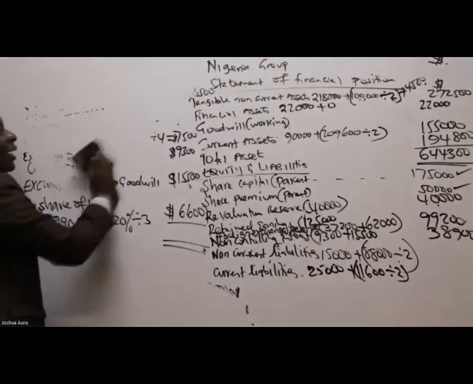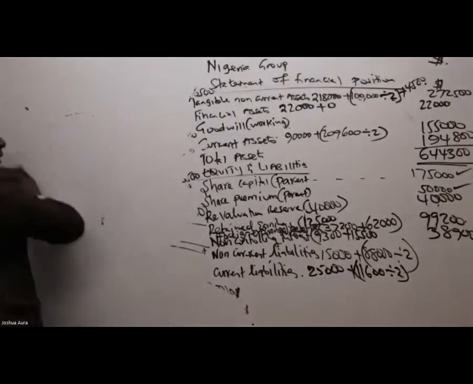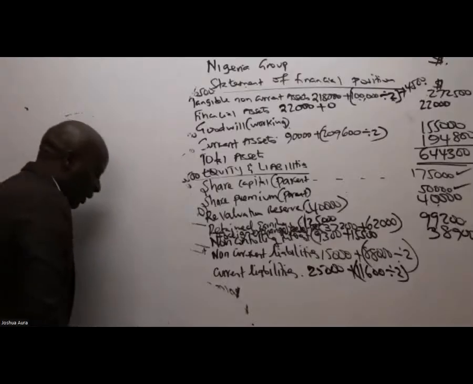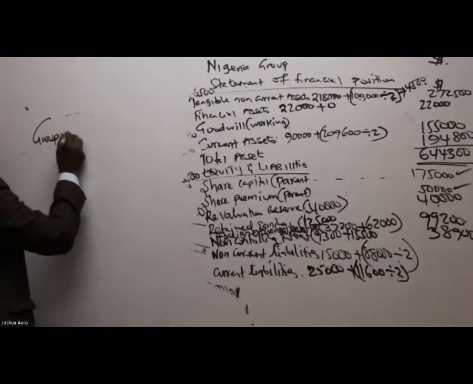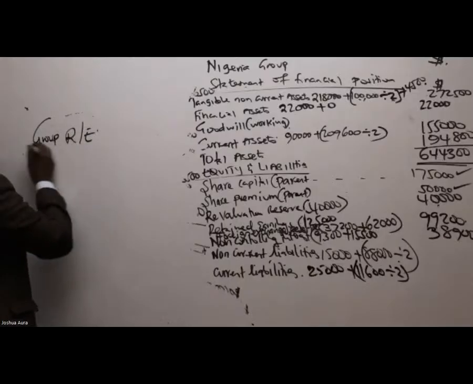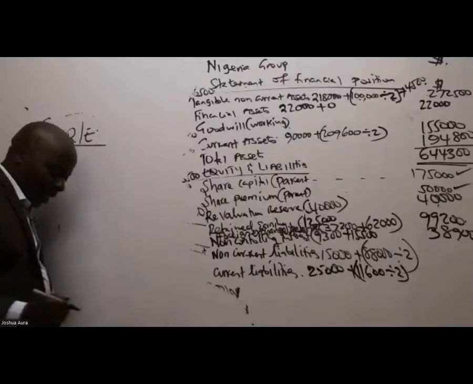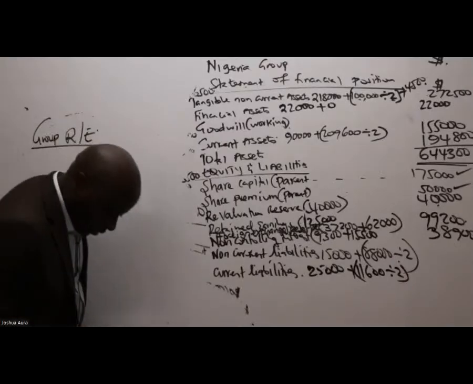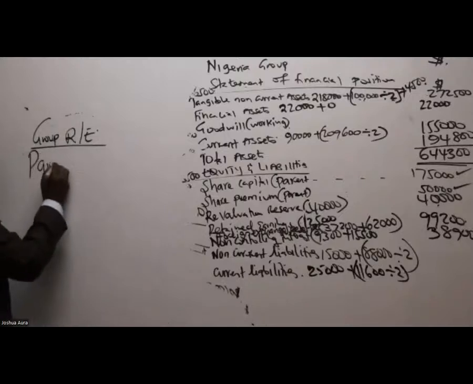So from there, I will look at my retained earnings, group retained earnings. So group retained earnings, ladies and gentlemen, what do we have there? For group retained earnings, I have the parents retained earnings.